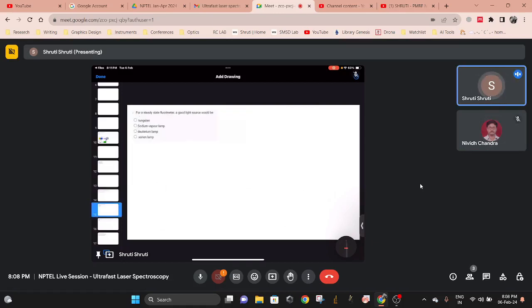Okay, so the next question is, for a steady state fluorimeter, which would be a good light source: tungsten, sodium vapor lamp, deuterium lamp, or xenon lamp. So, the tungsten lamp.